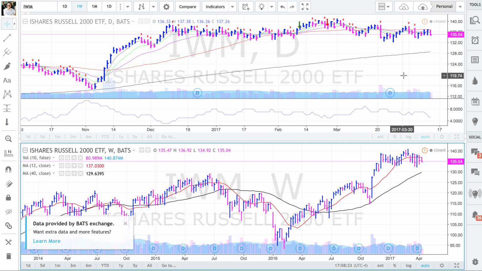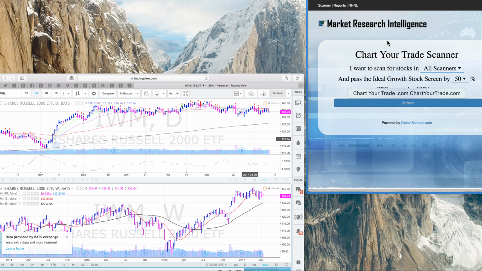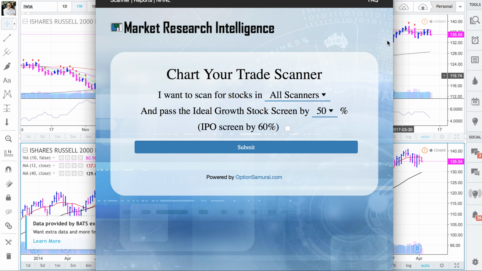When I'm reviewing the indexes and I want to try to get a better feel of what's going on, I like to look at what's going on underneath the hood. By that, I mean what are leading stocks doing.